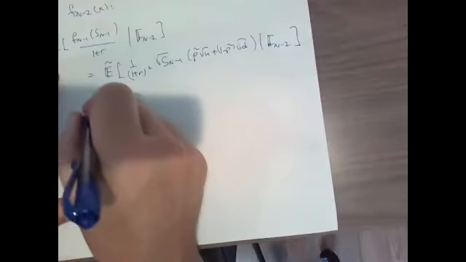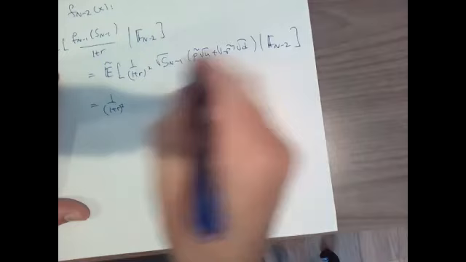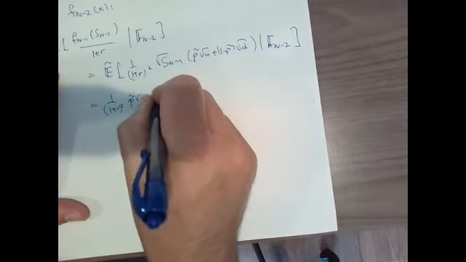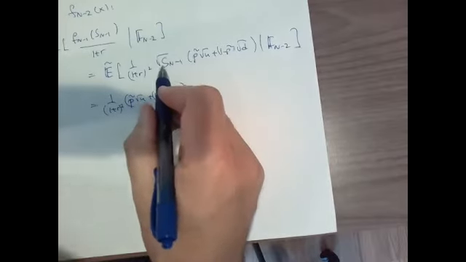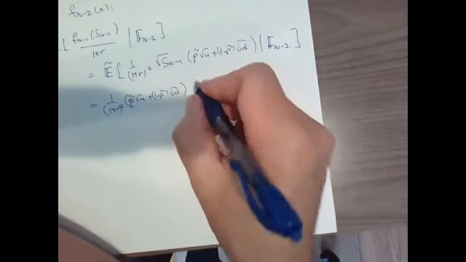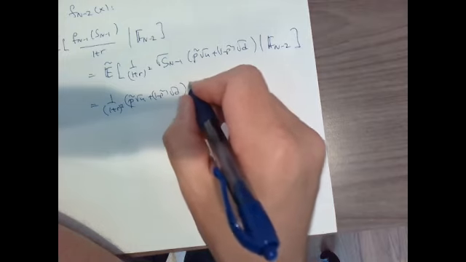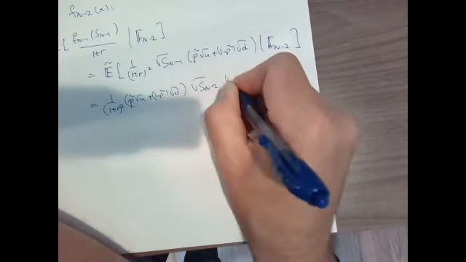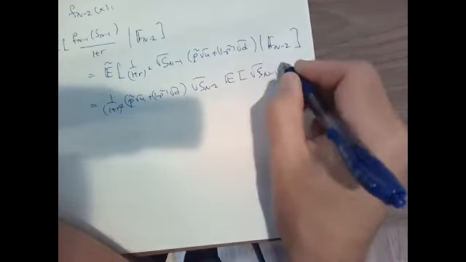So you can pull it all outside: 1 over 1 plus r squared, and a coefficient p tilde square root u plus 1 minus p tilde square root d. Then you're stuck with the randomness again, but it's very similar to before: square root of Sn minus 2, and then the expectation of root of psi n minus 1.